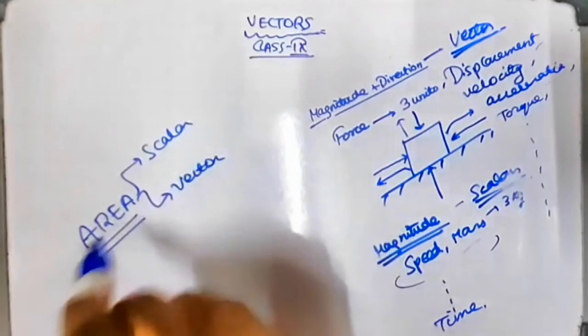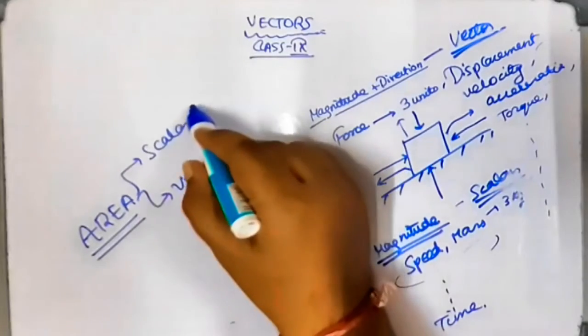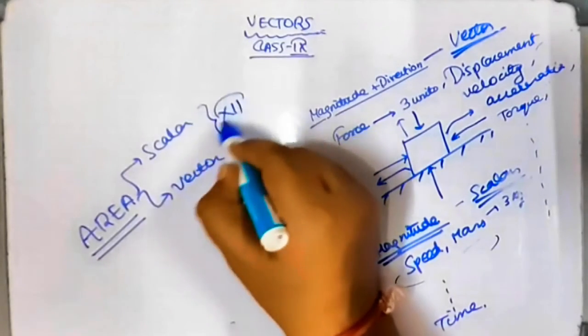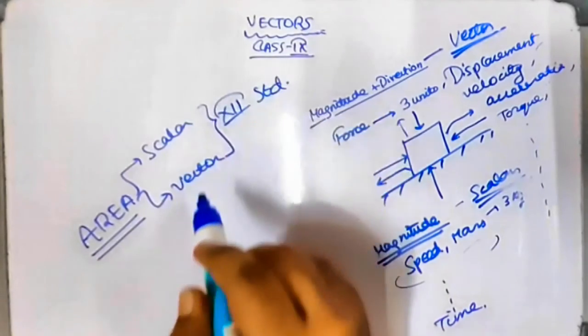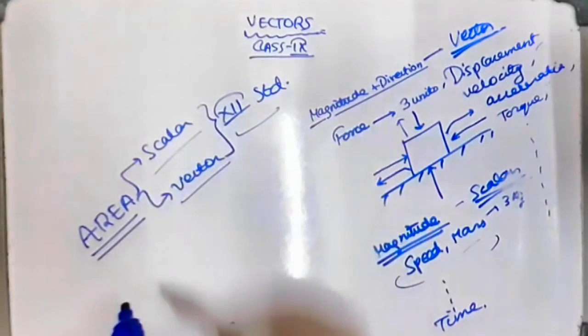Now don't ask me at this stage when is area scalar, when is area vector. You need high mathematics and complex physics to understand that. You are going to study this in 12th standard.